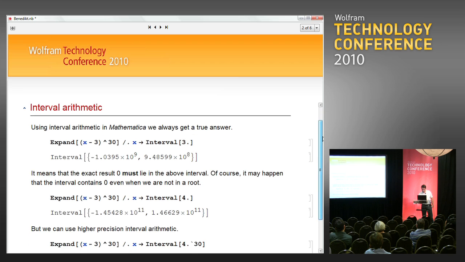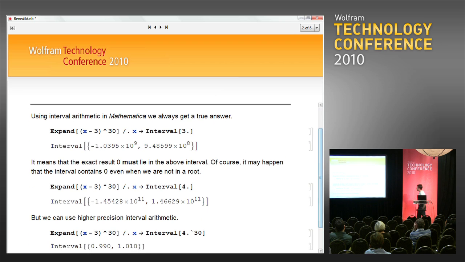Of course, it may happen that if we plug, for instance, 4 into the polynomial, then the exact result is 4 minus 3 is 1 to the 30 is 1. So the interval contains the number 1, of course, but it also contains 0, so I don't know if it's a root or not.